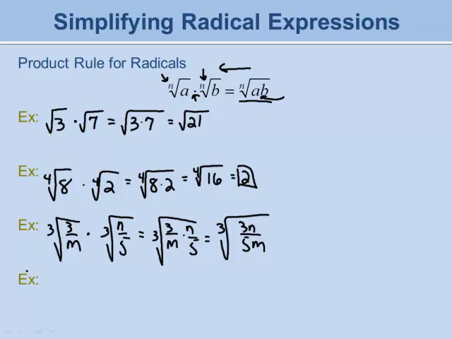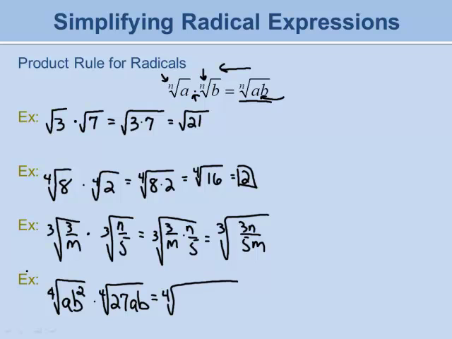And finally, let's say that we were looking at the fourth root of ab squared times the fourth root of 27ab. Combine that using the product rule for radicals under one radical sign.